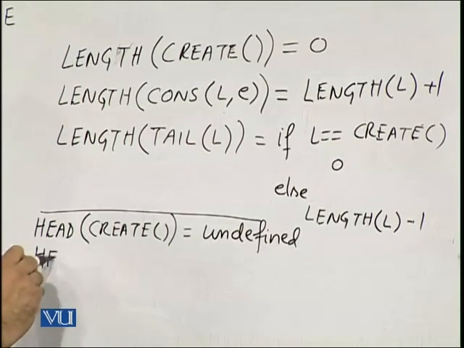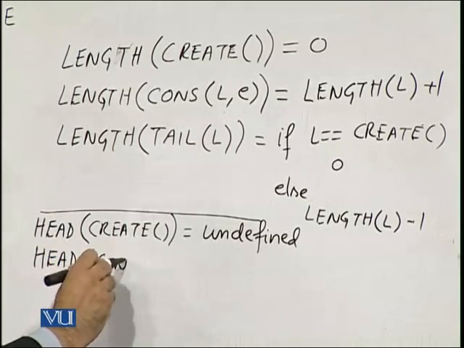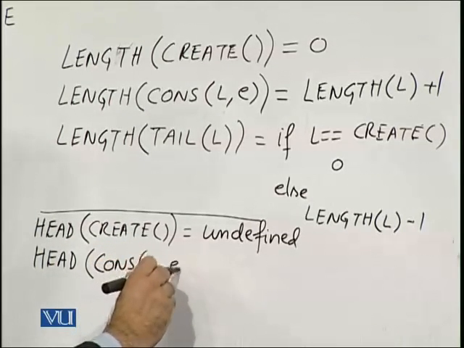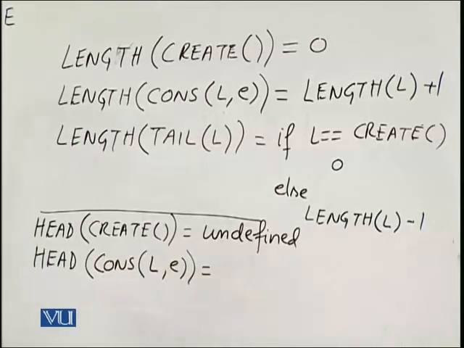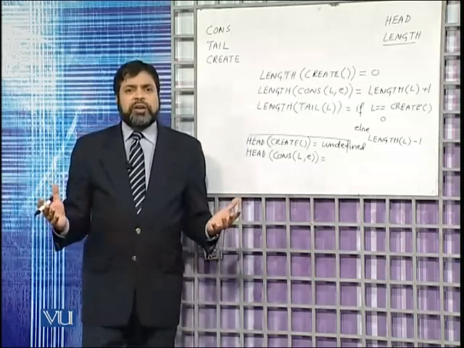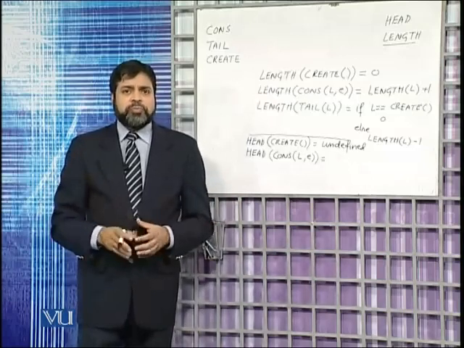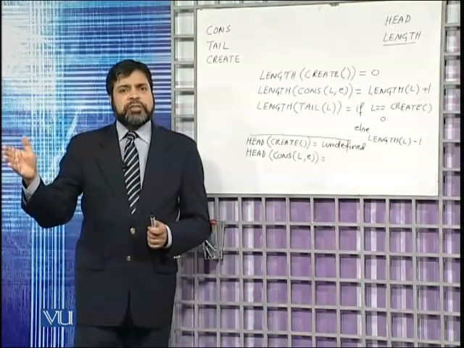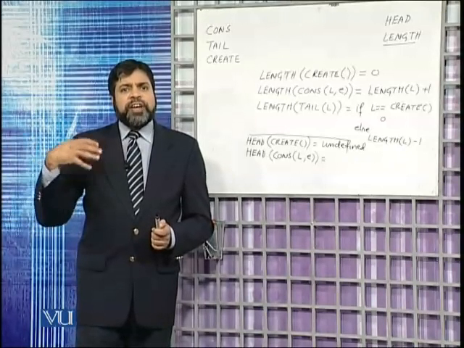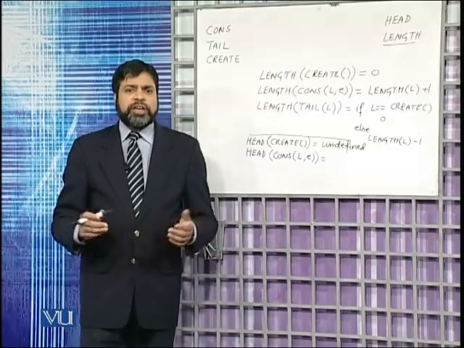What happens when we try to use cons, list L, element E? Now, in this particular case, what happens when you add an element with cons? The element is added at the end. So, if I take the head of this new list, what do I get?